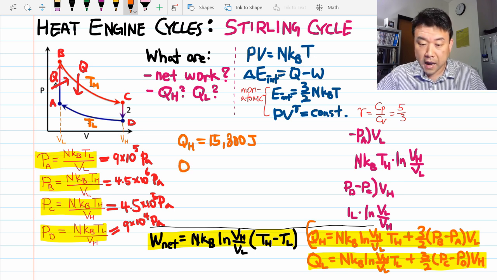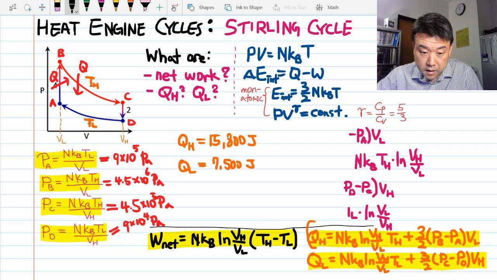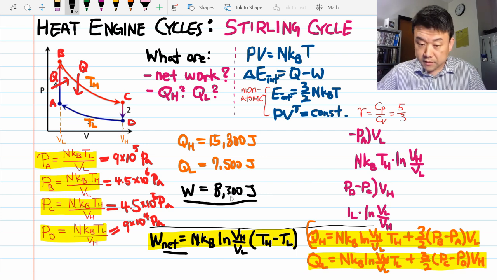The heat output from the engine is 7,500 joules. And the work done, plugging all the known numbers into the formula for net work, is 8,300 joules per cycle. Alright, everything seems to check out.